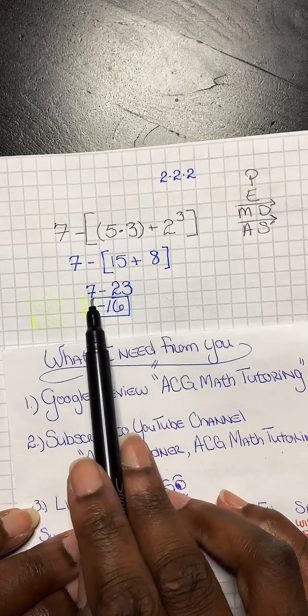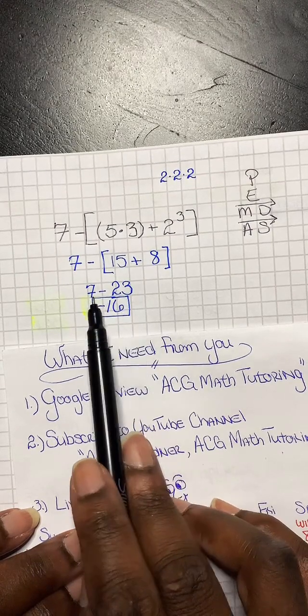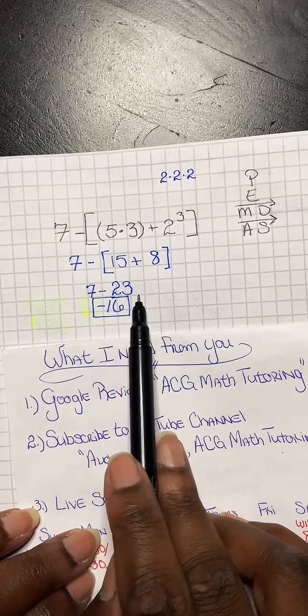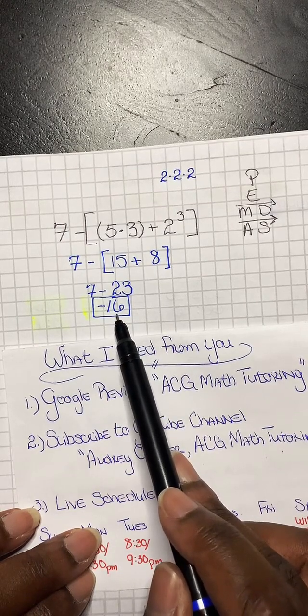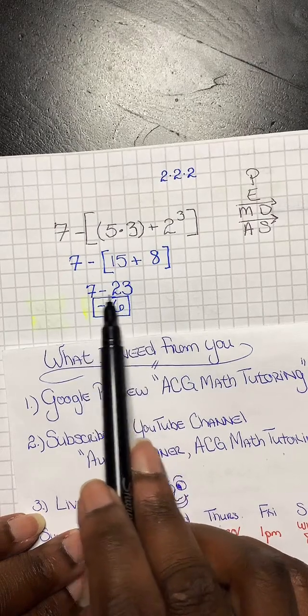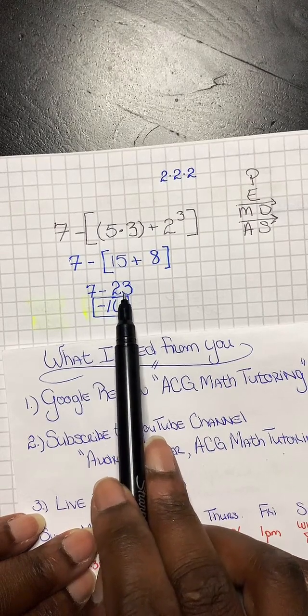If I have 7 minus 23, so if I have $7 and I want to spend $23, that means I'm short $16. When you are subtracting, this 7 is a positive 7, and the 23 is a negative 23.